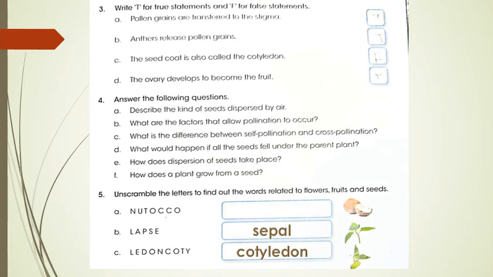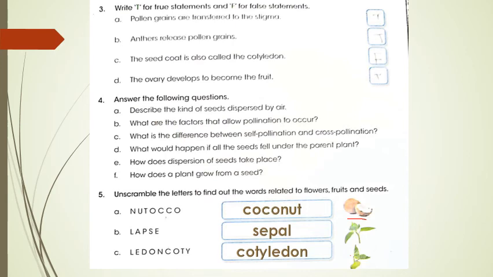Here are some question answers. There are 5 questions. We will also discuss this question in our next slide. Now let's move toward the 5th one. Unscramble the letters. Now we are going to make a word from these unscrambled letters. This is coconut, and the spelling of coconut is C-O-C-O, coco, and N-U-T, nut, coconut.